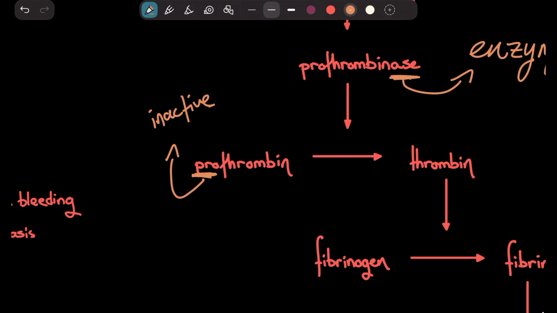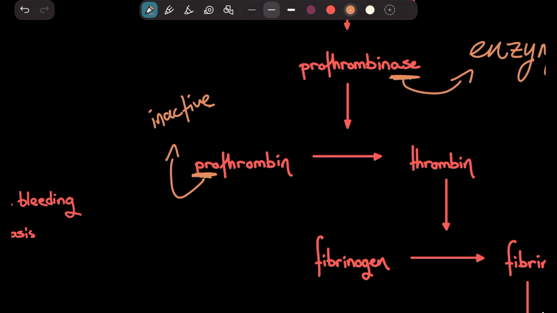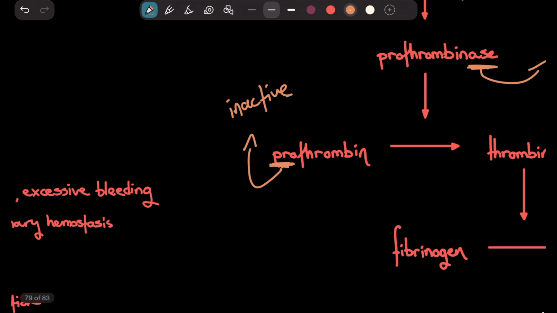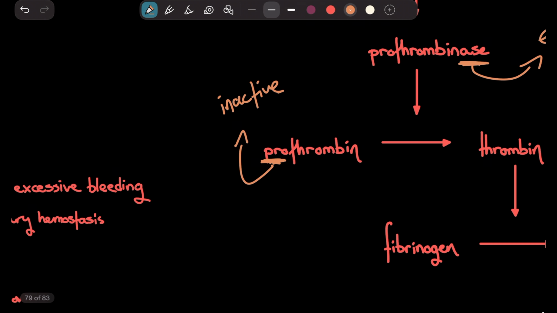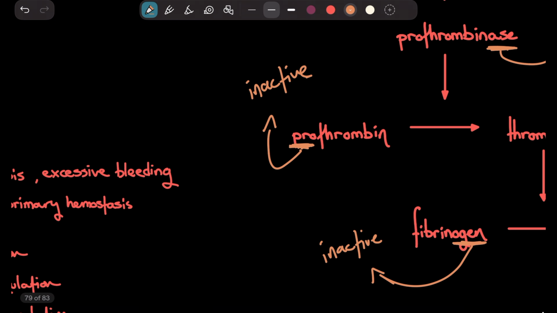Okay, so you need something to activate it and turn it into thrombin, which is the activated form. Another hint at that, anytime something ends in OGN, that's also a hint that it's inactive. These two things, inactive forms of a molecule, are called a zymogen.